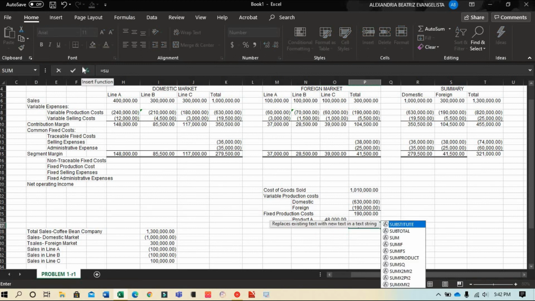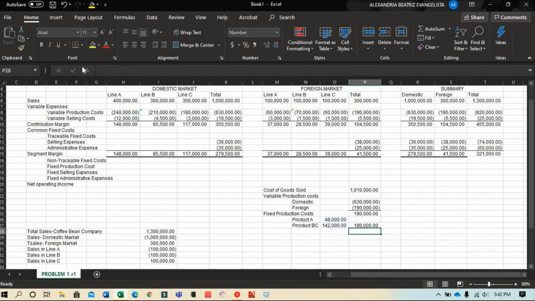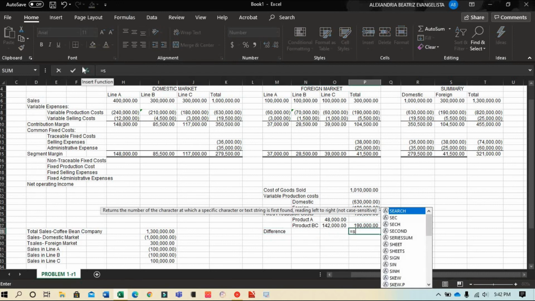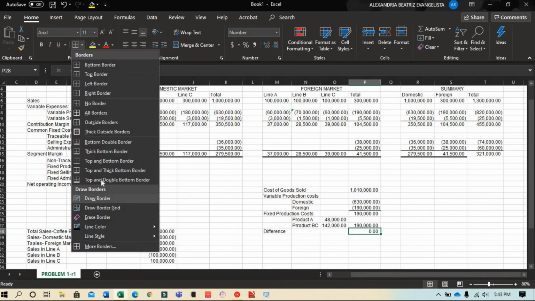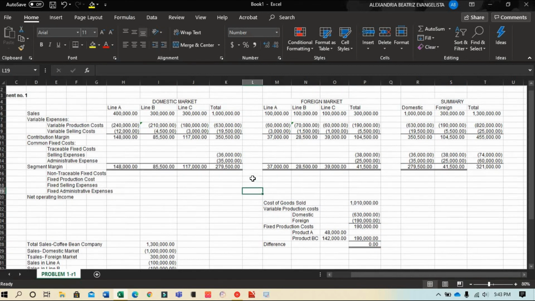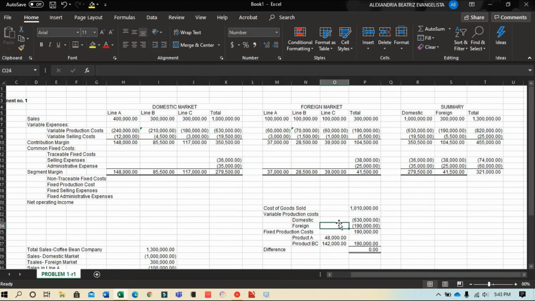So it's just the same. There you go. So we have already broken down the cost of goods sold. So this is the computation on how I got the 190 fixed production cost.